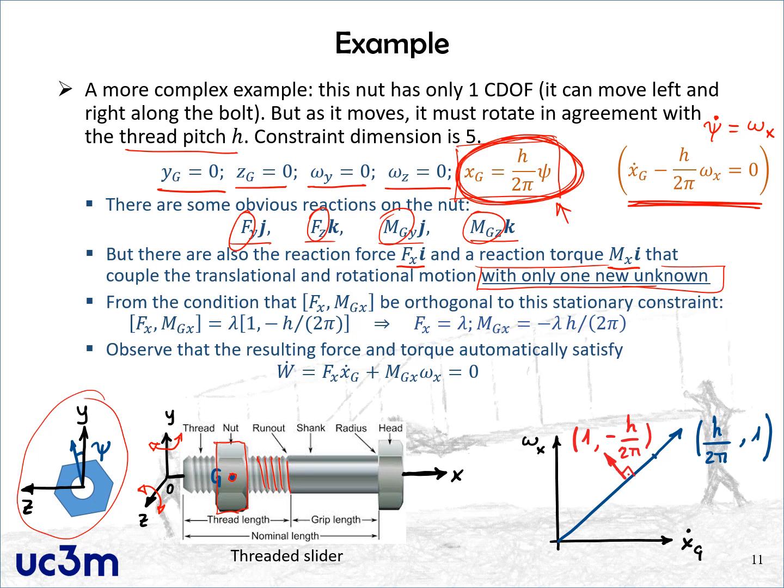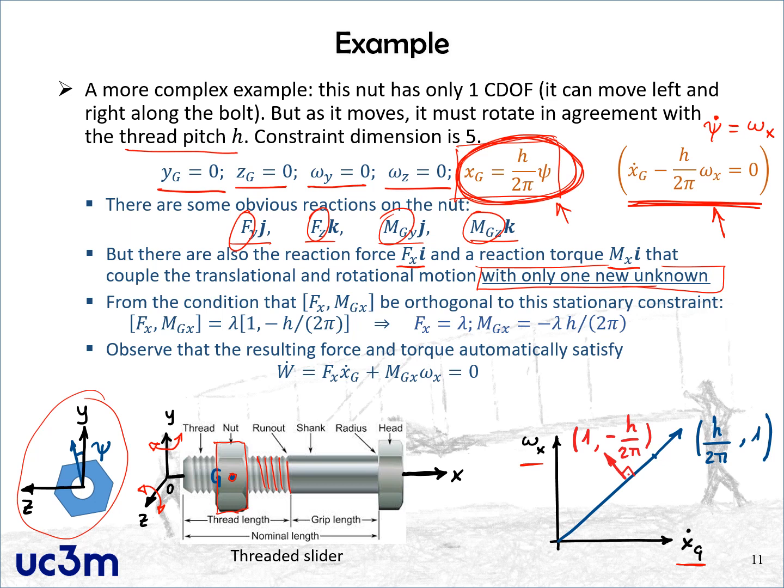So how can we deal with this case? Well, if we represent the constraint equation in the velocity space, the one that you see here in the parentheses, you can see if you plot it in x dot and omega x axis, that the allowed motions are represented by this blue line.